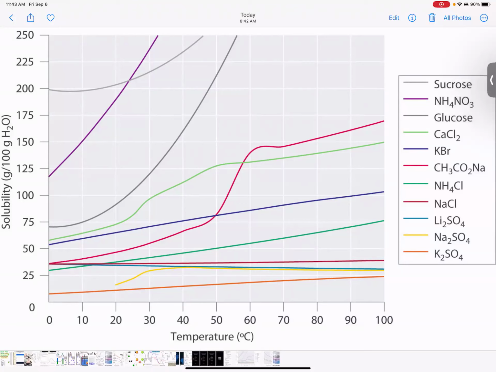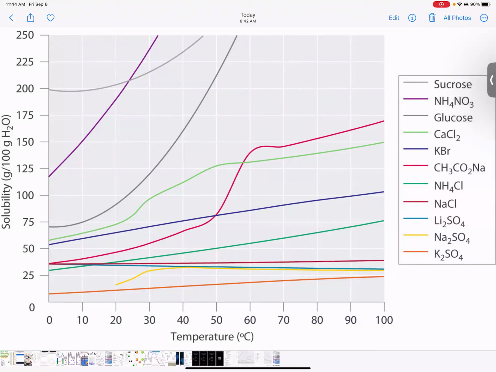More can go into the liquid and it not fall out. A saturated solution occurs at that point where the maximum amount of solid is in solution at that time. You've hit the max.